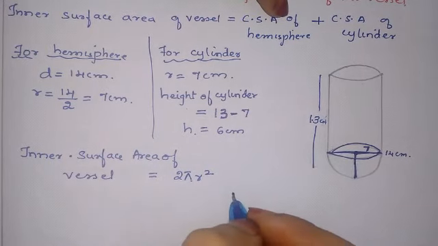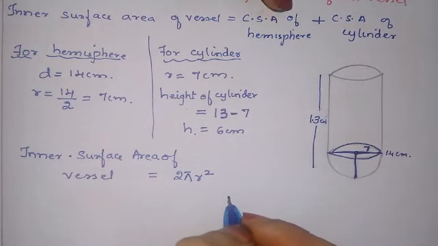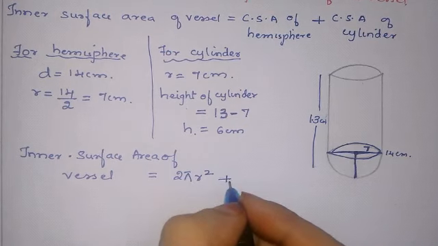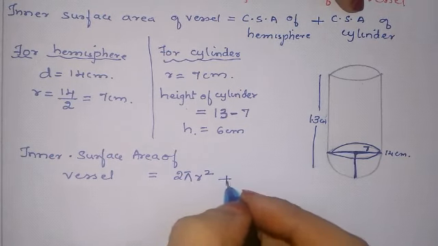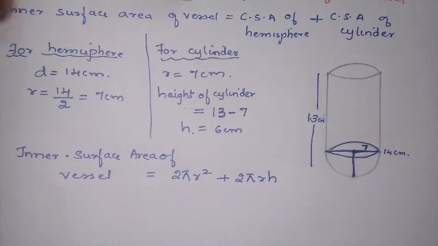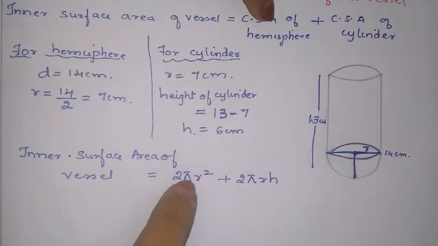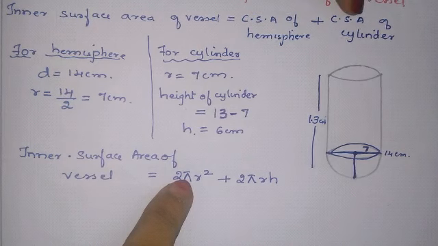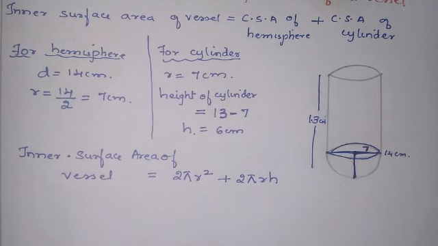CSA of hemisphere is 2 pi r square plus CSA of cylinder is 2 pi rh. We should know the formula well. Unless and until we know the formula, we can't solve this problem.